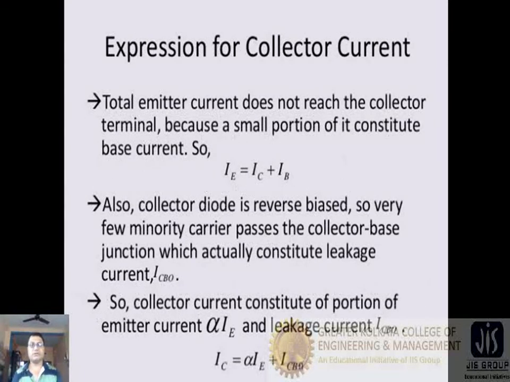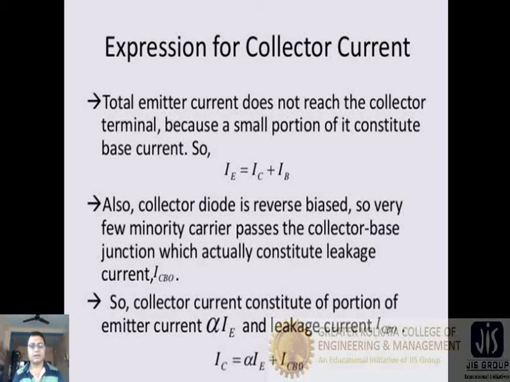So, expression for the collector current: the total emitter current does not reach the collector terminal because a small portion of it is consumed by the base current. So IE equal to IC plus IB. Also, the collector diode is reverse biased, so very few minority carriers pass through the collector base junction, which actually constitute a leakage current, which is denoted as ICBO.